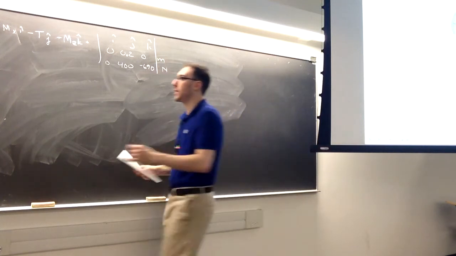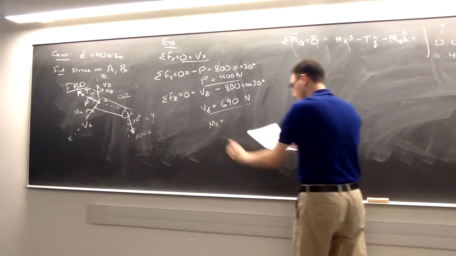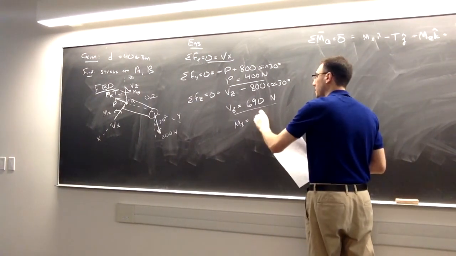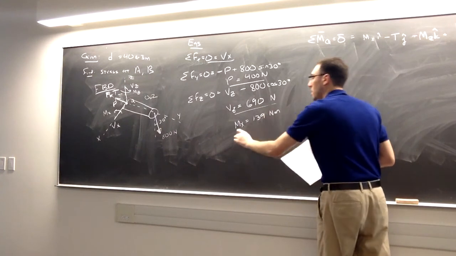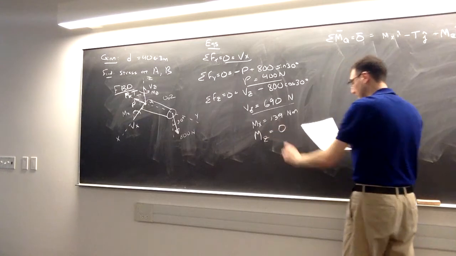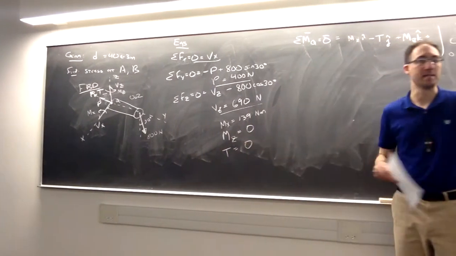Okay, I go through all this, and I get my values for Mx, which I'll write over here. My Mx, I will get 139 Newton meters. Mz, I get 0. And T, I also get 0.